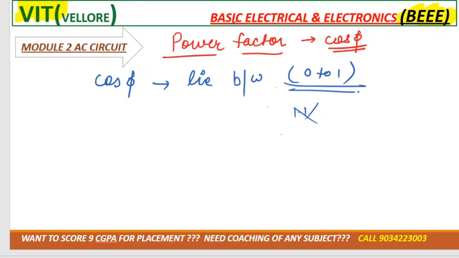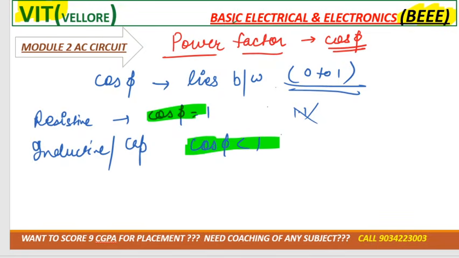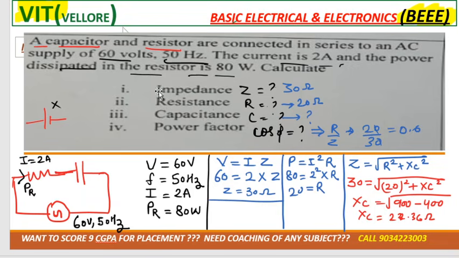For a resistive load, cos phi is always 1. And for an inductive or capacitive load, it may be less than 1. So this is always a must condition. Clear? Now this question is clear.